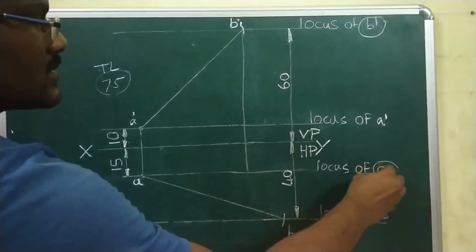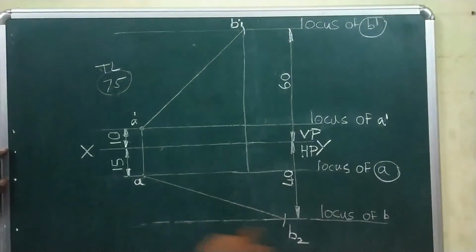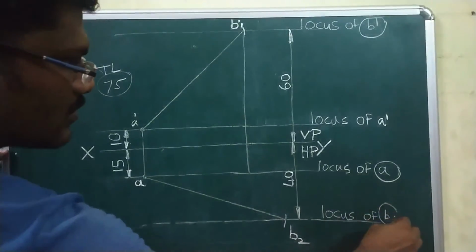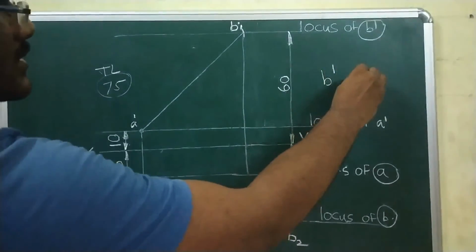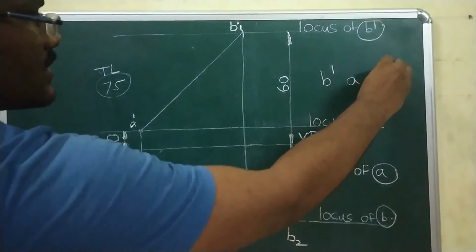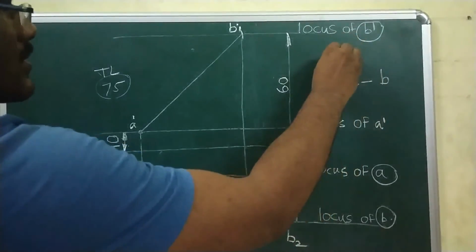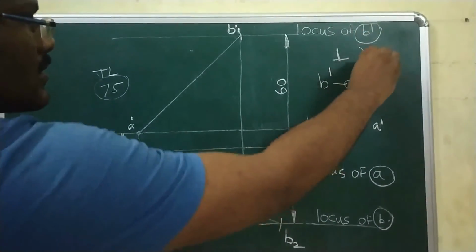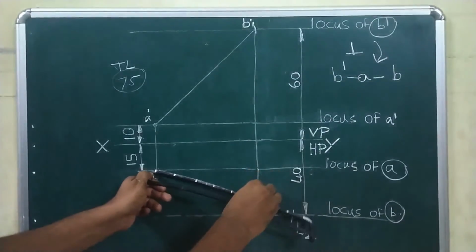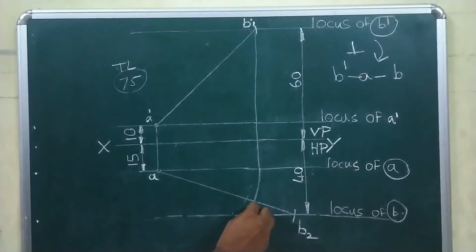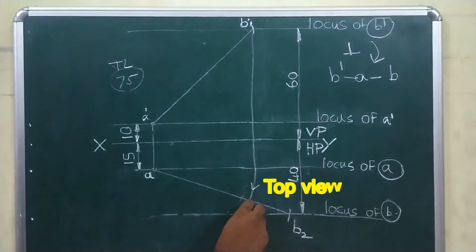See the locus details: from the locus of B dash, I am drawing one perpendicular line up to the locus of A. Then I am creating an arc up to the locus of B. The sequence will look like B dash, A, B. Please make a note of this.